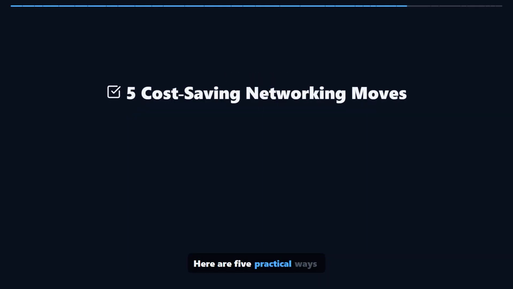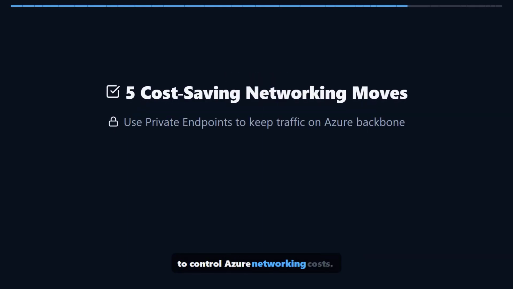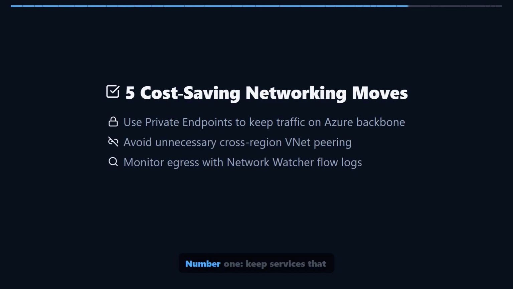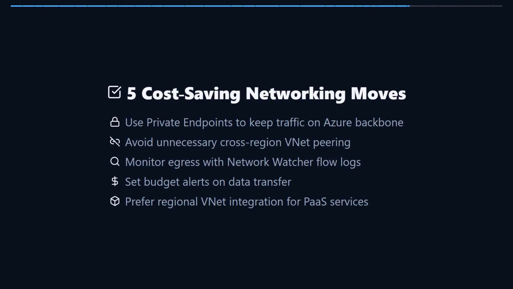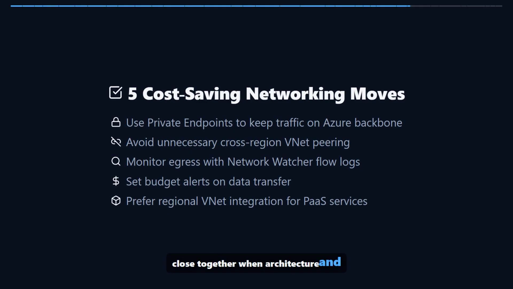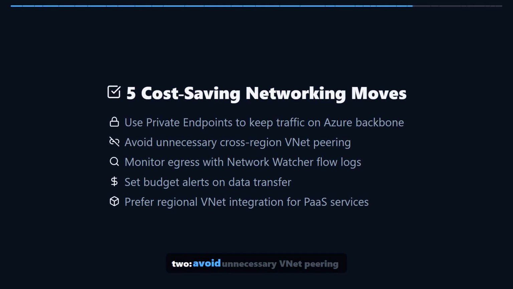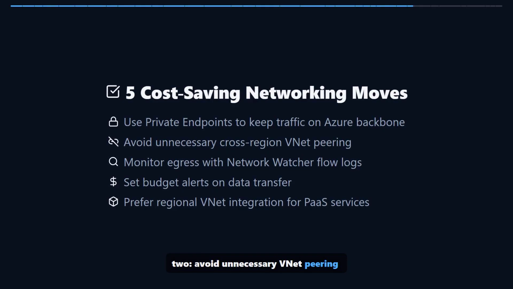Here are 5 practical ways to control Azure networking costs. Number 1. Keep services that exchange large amounts of data close together when architecture and resiliency requirements allow it. Cross-region traffic can become expensive. Number 2. Avoid unnecessary VNet peering and complicated traffic paths.